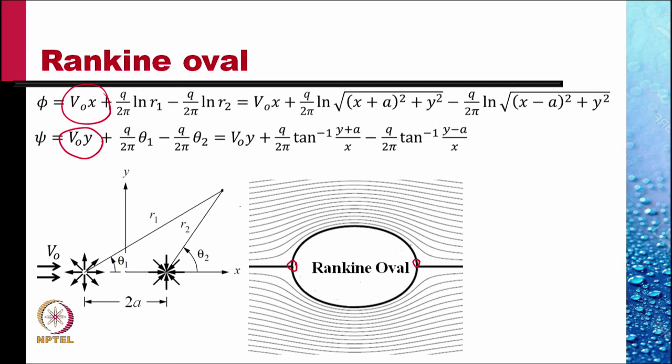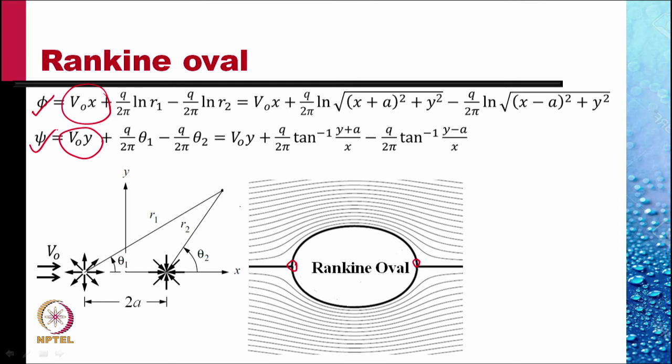This shape is known as a Rankine oval, and so this potential function and this stream function represents the flow past this Rankine oval.